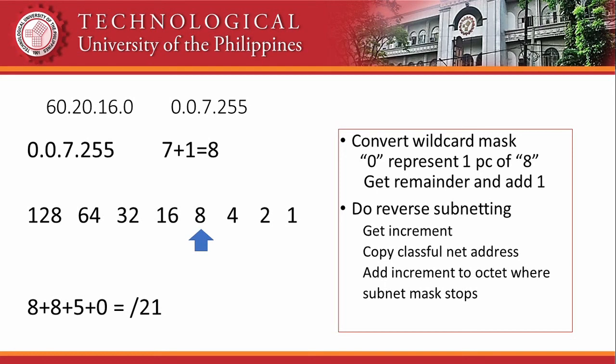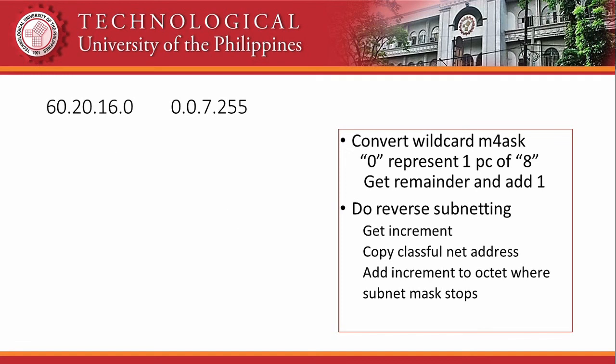And for the last octet, automatic magiging 0 na siya kasi 255. So basically mag-stop na tayo sa third octet, di ba? Titignan natin sa decimal notation ng binary bit natin kung nasaan yung 8 at kung pang ilang bit siya. So we have 8 plus 8 plus 5 plus 0. So yung subnet mask natin would be /21.